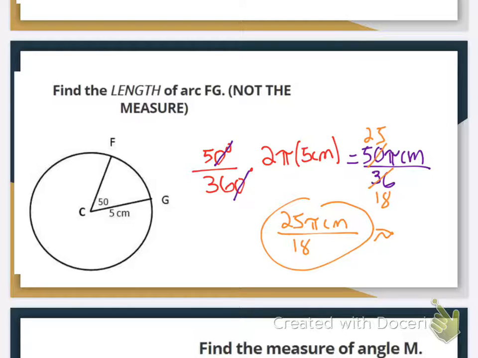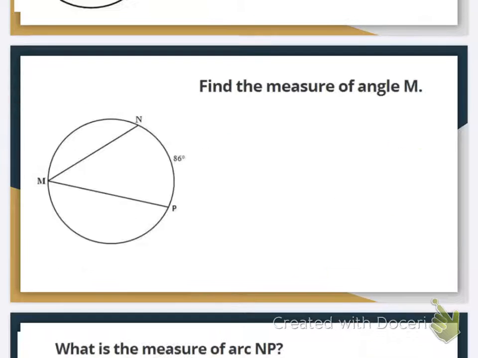So if you give me a second, 25 times pi divided by 18, it's approximately 4.36 centimeters. Okay, that required us to remember that formula, so if you had to look it up, that's okay, I did too.